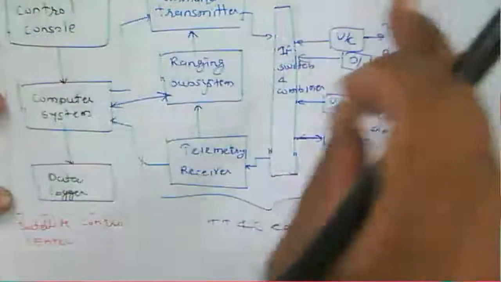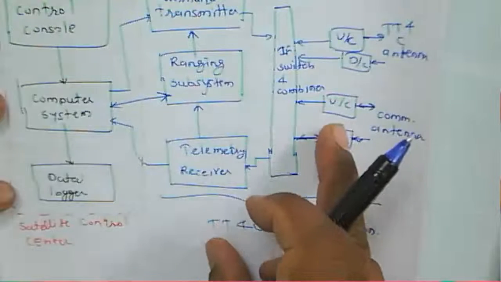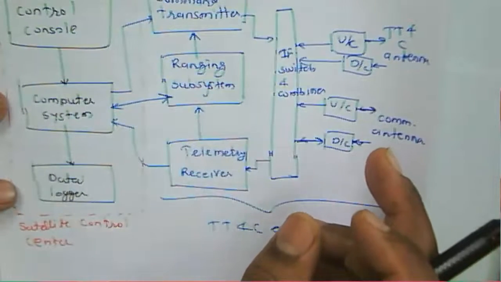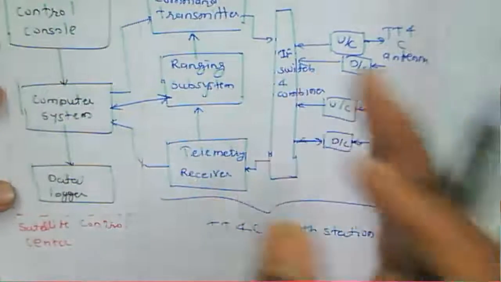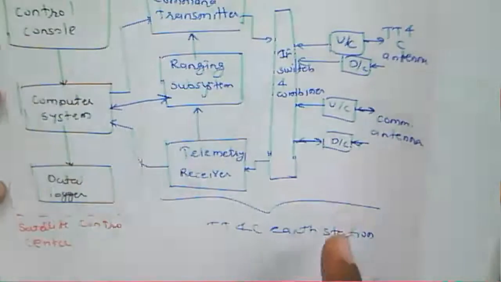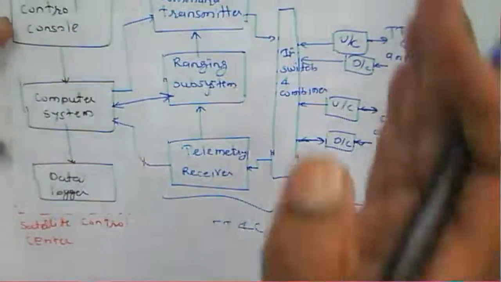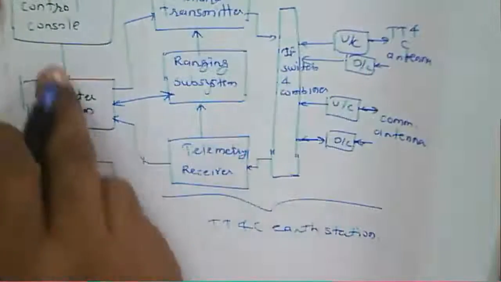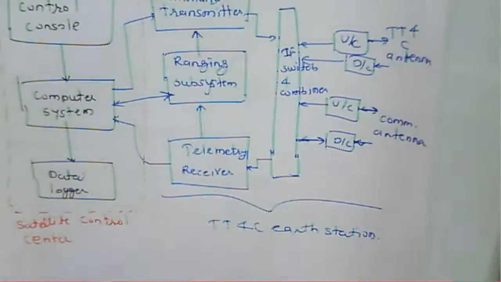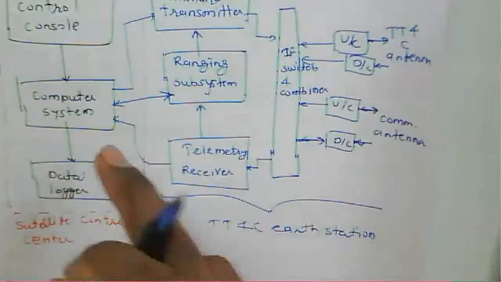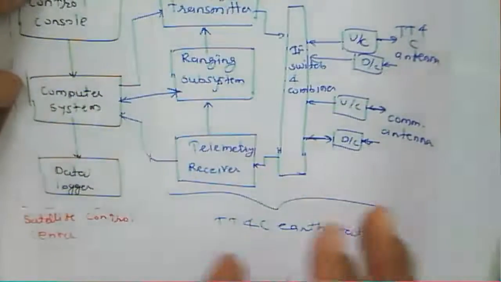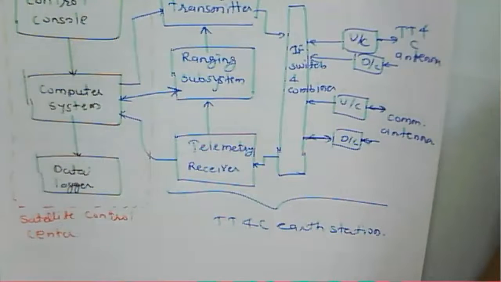So control signals are generated and transmitted to the satellite after modulating and up converting. So throughout the mission, from the launching site to the end of life of that particular satellite, the TTC Earth station or satellite control center will be operating for the satellite. That's all about the mission control facility.